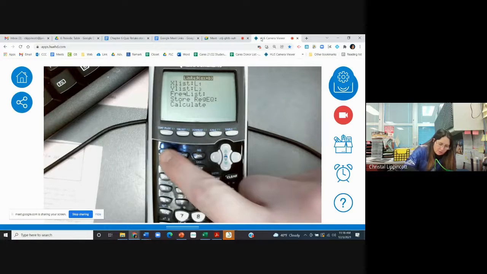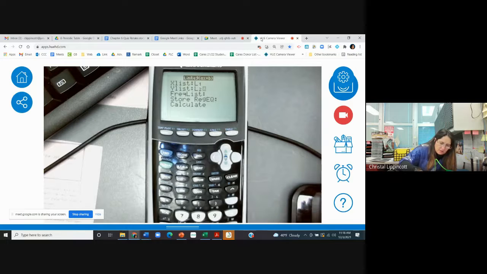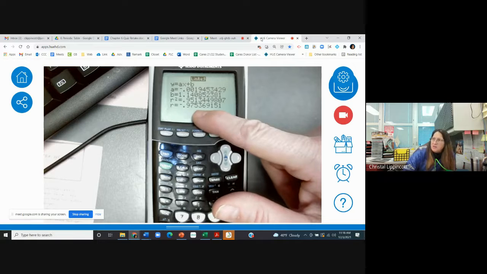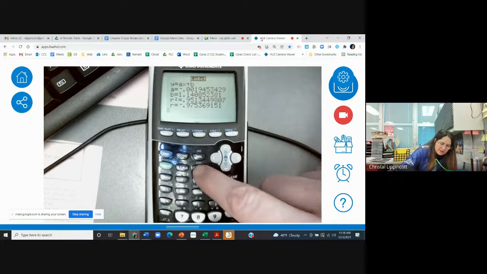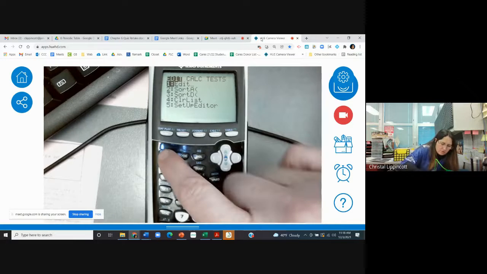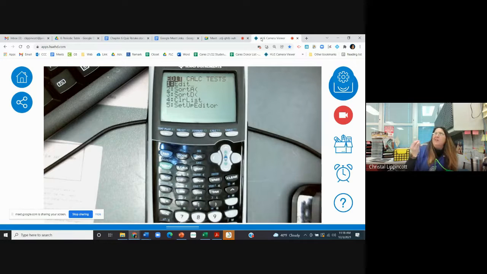If I wanted to do this with list 2 again, when I calculate this, I'm going to end up with an R value that's a little shady. So I'm going to go back and change that. And you keep going until you get an R value that's 0.999, a very solid, good confidence.